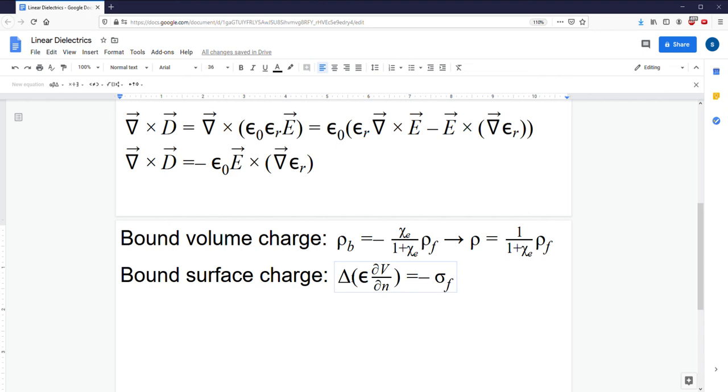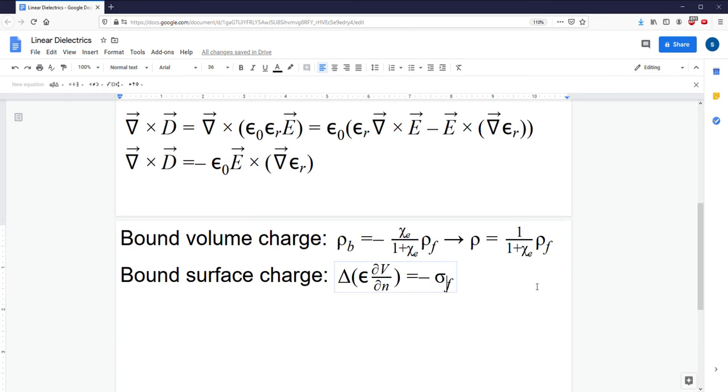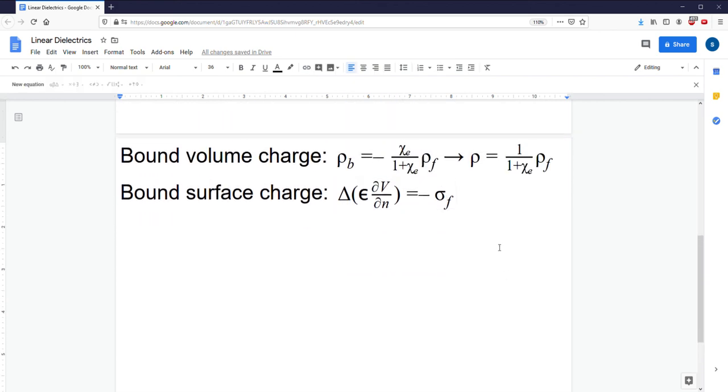If you're at a surface between two dielectrics, you'll have one value of epsilon and one value of dV dN on top, and a different value of each on the bottom. The difference between those two quantities is given by the free surface charge. So the surface charge not induced by the polarization, but the free surface charge, the surface charge that we would place separate from the problem.